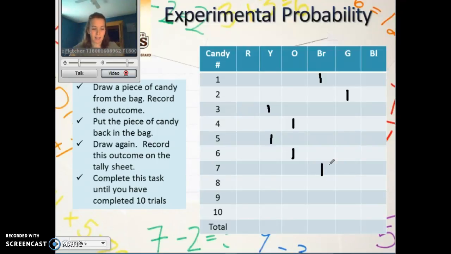Trial number 8. Brown again. All right. Trial number 9. Orange. And trial 10.